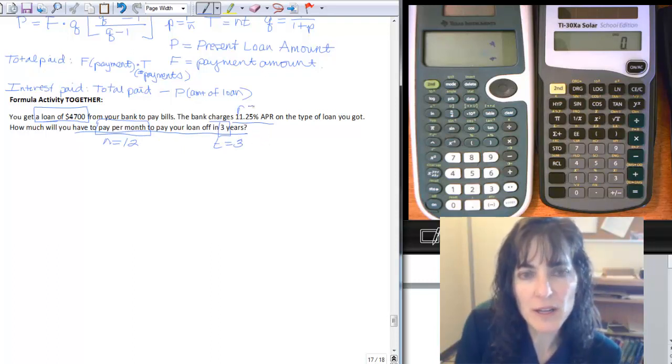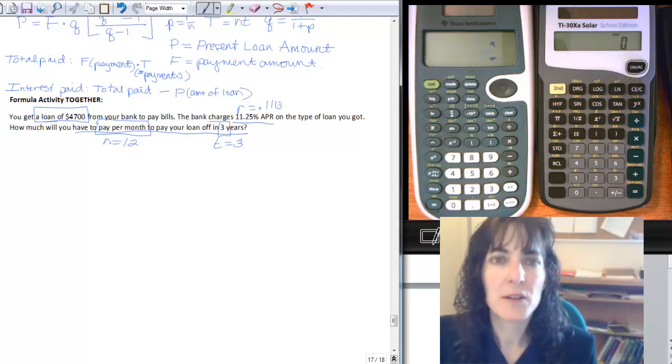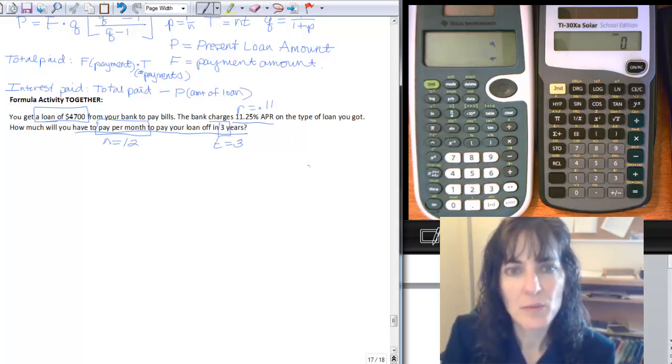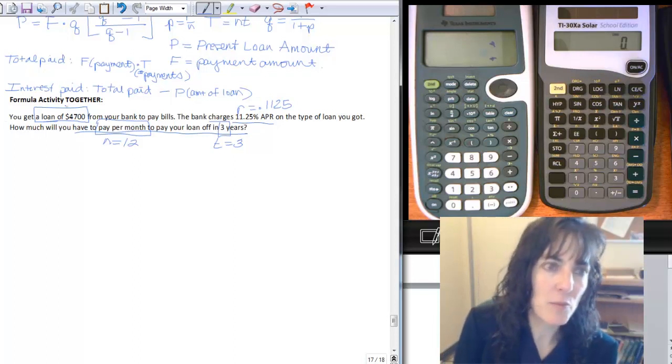My R is 0.1125, and my loan amount, or my P in this problem, is the $4,700.